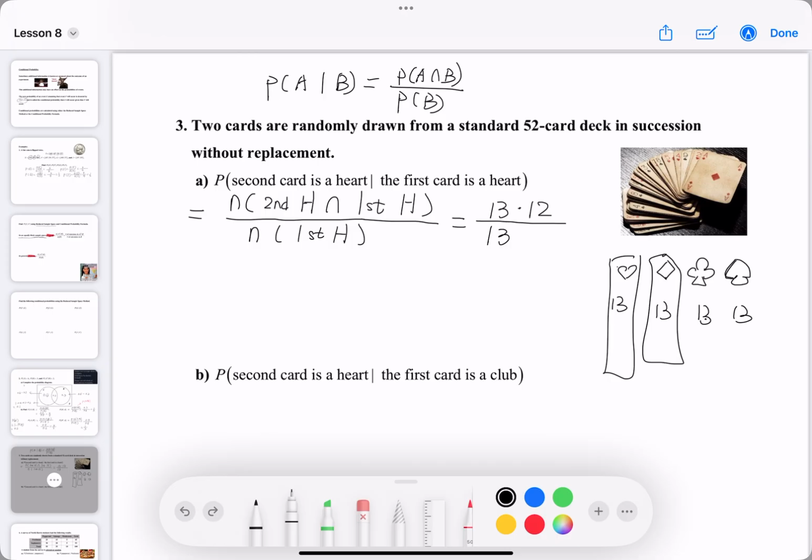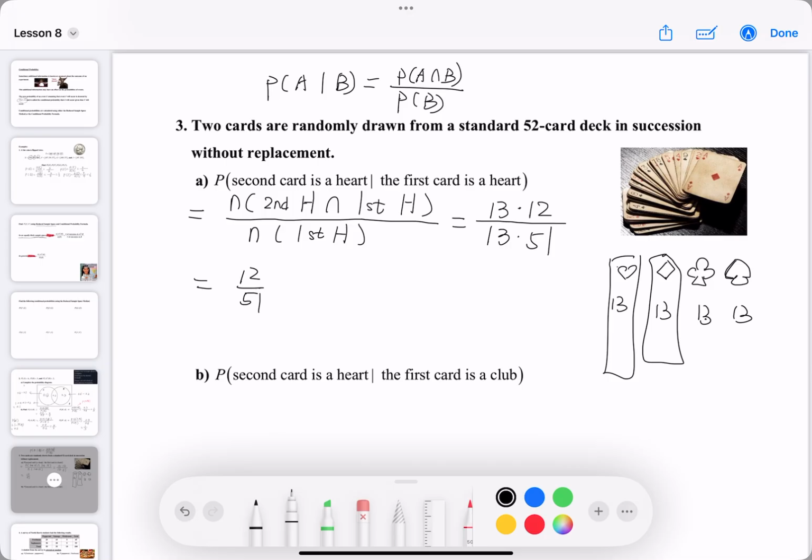The first time I choose a heart, and the second time it doesn't matter. I just choose one card from the rest of the cards. I chose one already, so I have 51 left. Then let's reduce the fraction, top and bottom. They cancel, so the probability is 12 over 51.